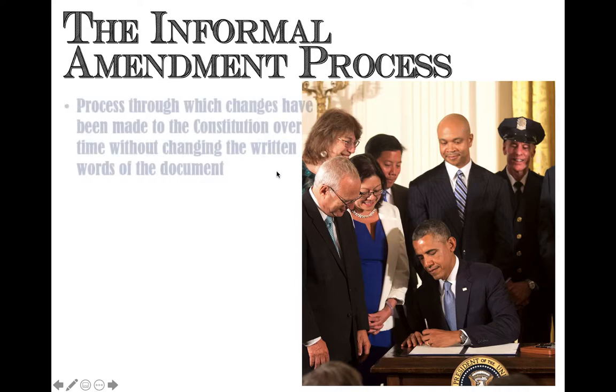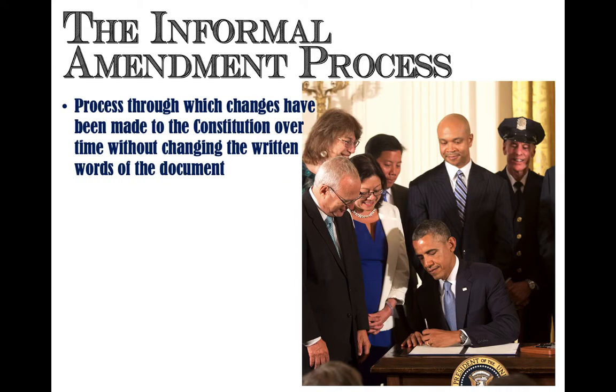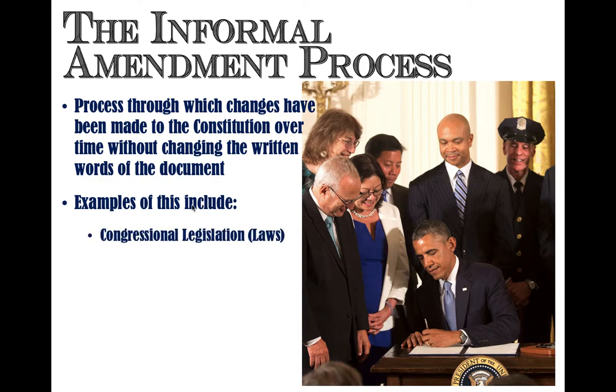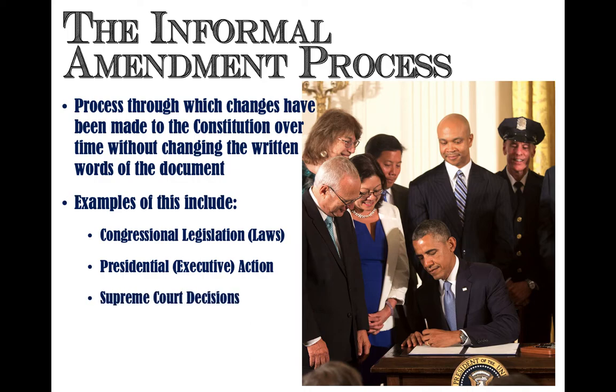The informal amendment process is where changes have been made to the Constitution over time without changing the written words of the document. Some examples are congressional legislation, just adding new laws through Congress; presidential action, from the executive branch; or a Supreme Court decision.